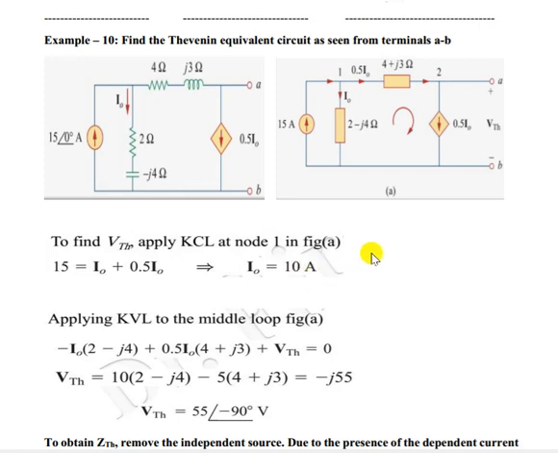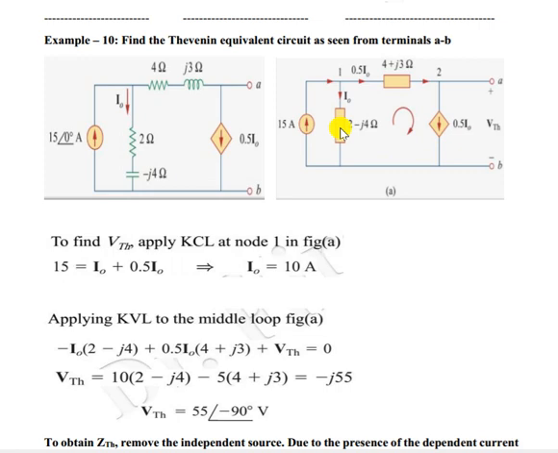Now if we apply KVL across this loop, then what can you write? Now see here what we are doing, this is going up, I0 is going down.